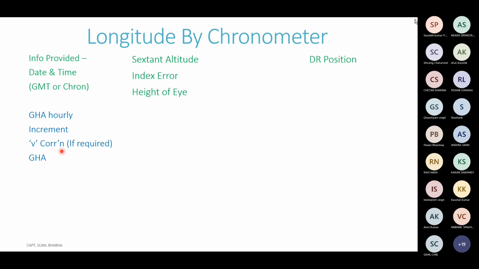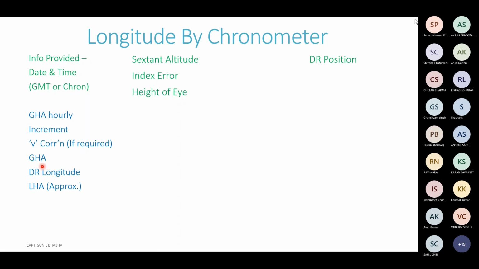For all other bodies, the planets Mars, Jupiter, and Saturn, as well as the moon, the V correction is always positive. So increment is always added and V correction is applied as per the sign. And once you do that, you will get the accurate GHA of the body. So this is the first step. We obtain the accurate GHA of the body.